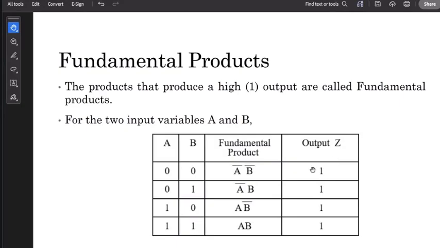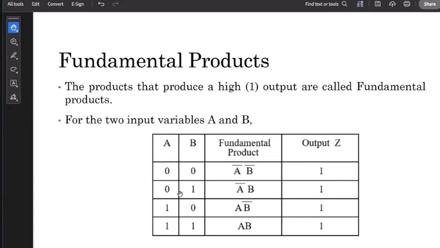To have an output as 1, A is 0, B is 0. What should be multiplied to get 1? A bar and B bar. Why? If A is 0, what is A bar? 1. If B is 0, what is B bar? 1. Then it becomes 1 into 1 is equal to 1.